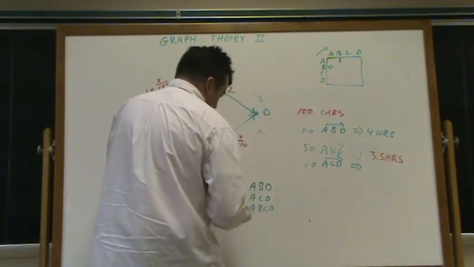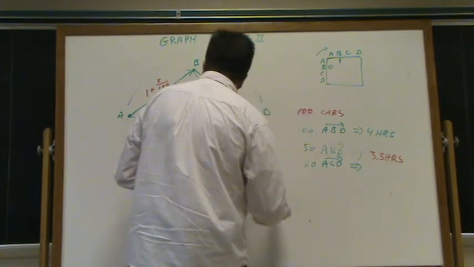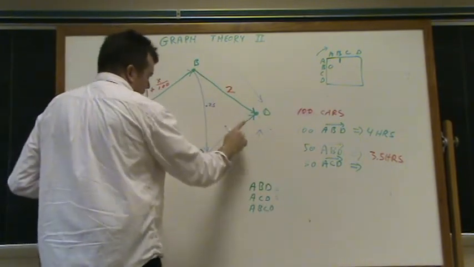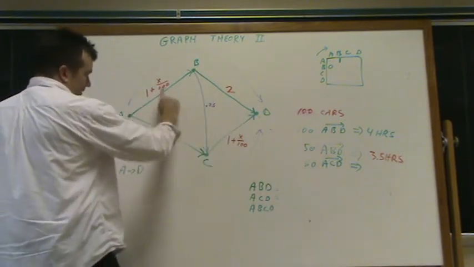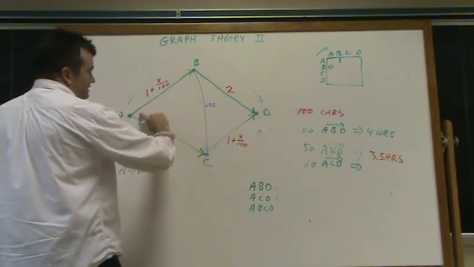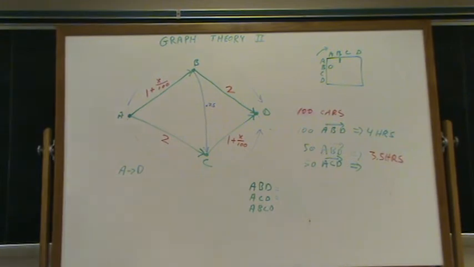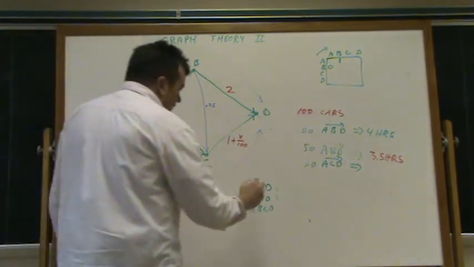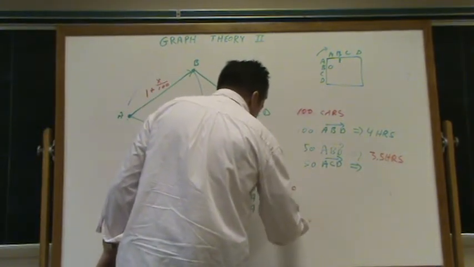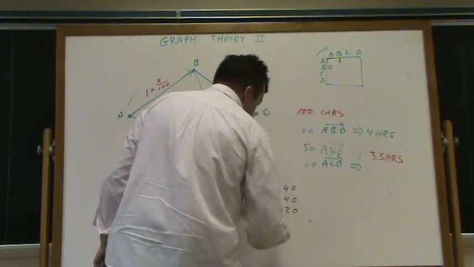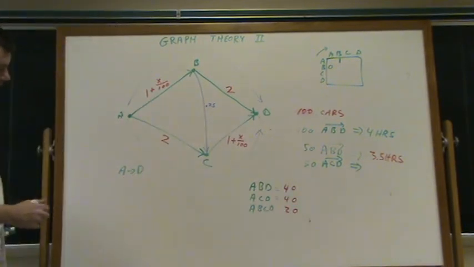If 40 cars went this way, 40 cars went this way, and 20 cars took the new path, that would mean 60 go across here and 60 go across here, right? So how long would each path take?